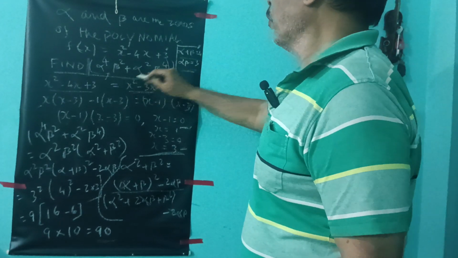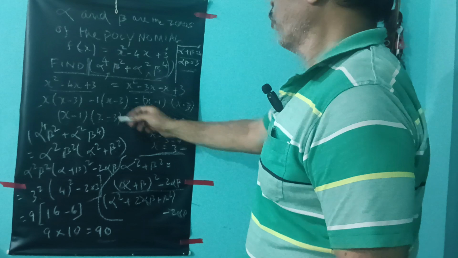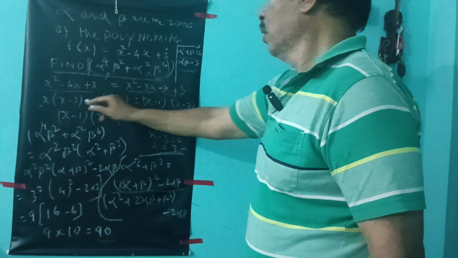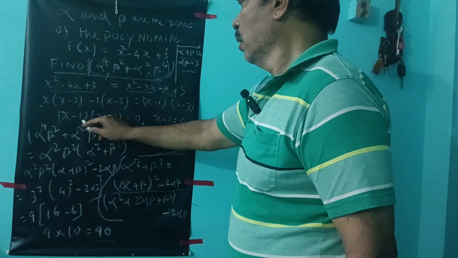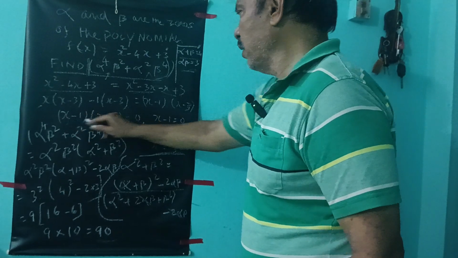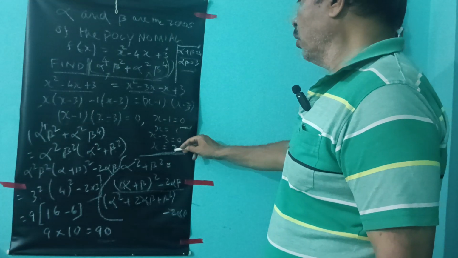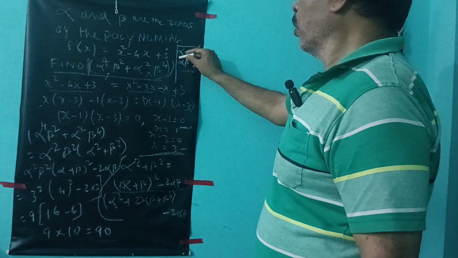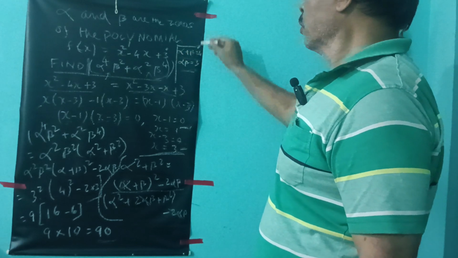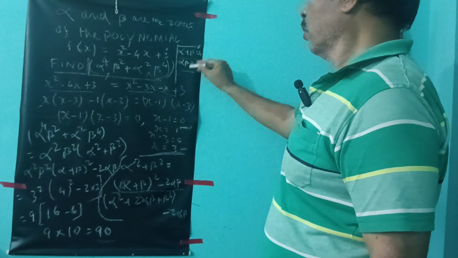So what we are doing: first, we are factorizing the equation. This is x minus 1, x minus 3, this is the factorization. Then finding out the zeros. Then sum of the zeros and product of the zeros you got.